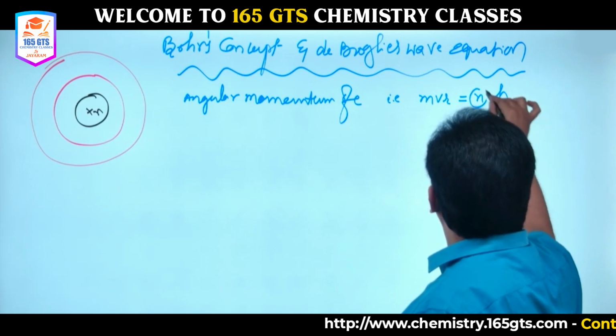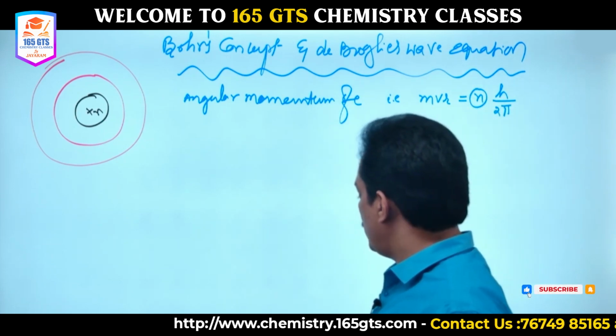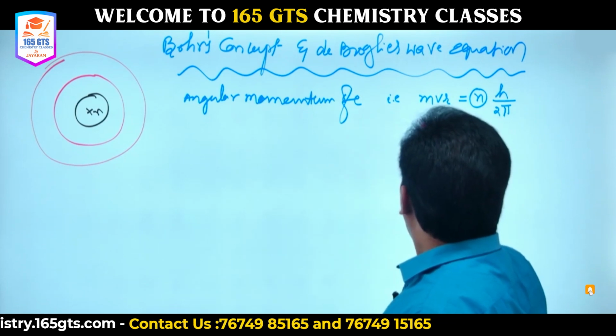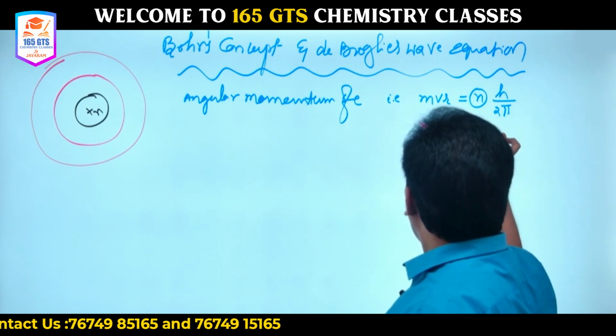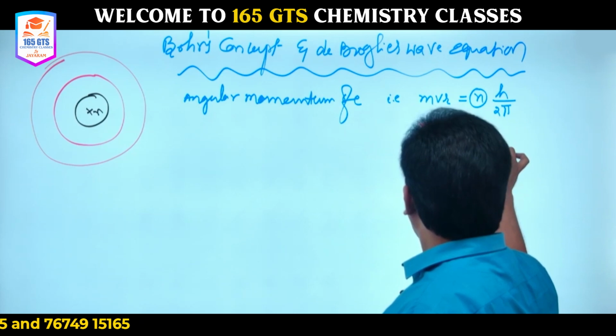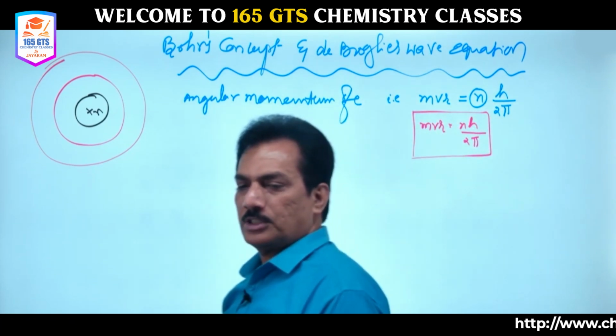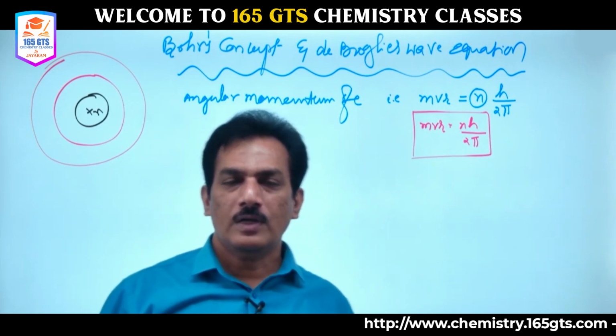Here n is nothing but the orbit number. That is simply Bohr's quantum condition, which we give as mvr is equal to nh by 2 pi. This is Bohr's concept. Are you clear?